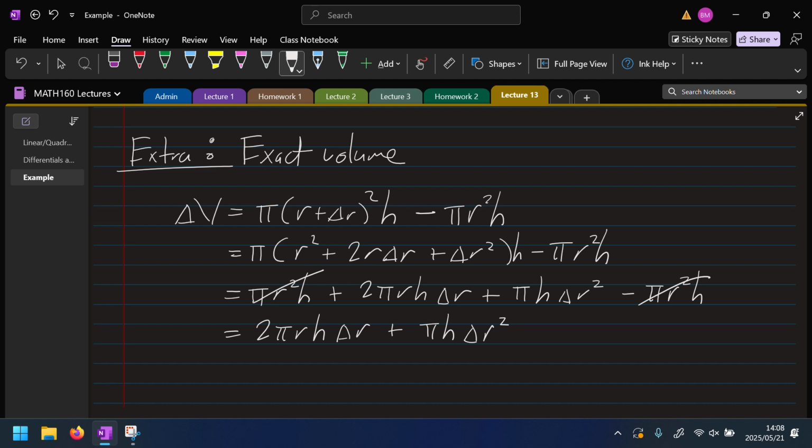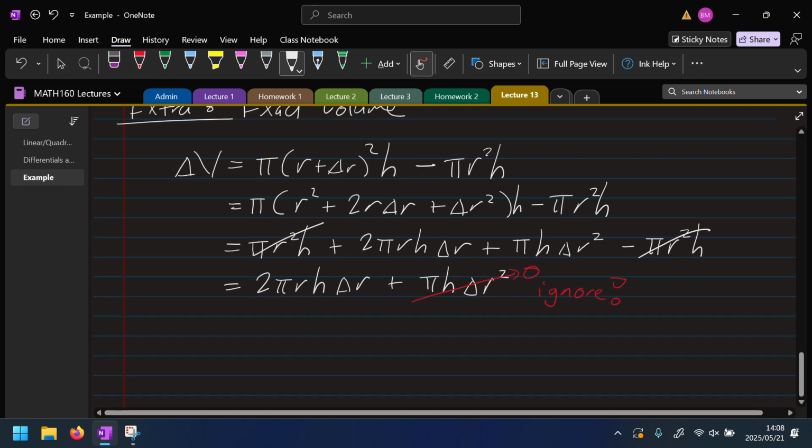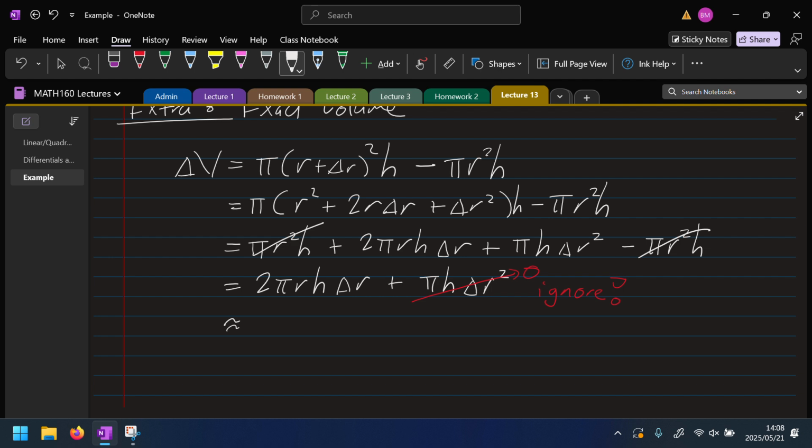Now we're going to do the same thing as before when we looked at the cube. If delta r is small, delta r squared is even smaller, so we can ignore it. If we ignore it, this just becomes approximate, because we're throwing stuff out now. So we're just left with 2 pi r h delta r.